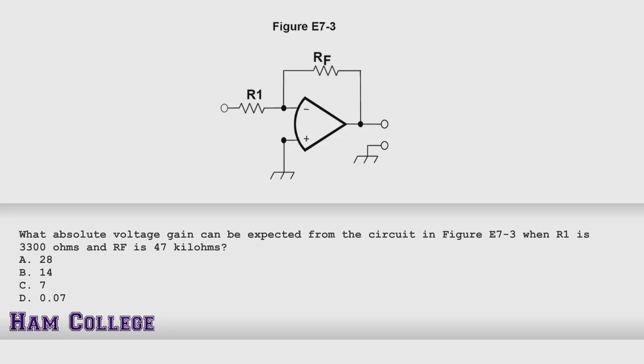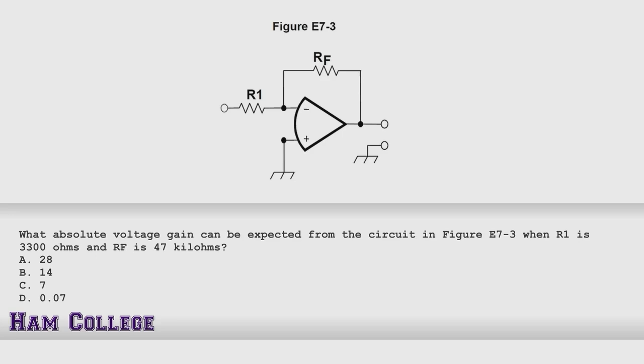What absolute voltage gain can be expected from the circuit in figure E7-3 when R1 is 3300 ohms and RF is 47 kilohms? A, 28. B, 14. C, 7. Or D, 0.07.